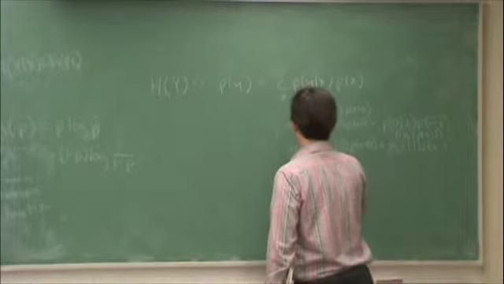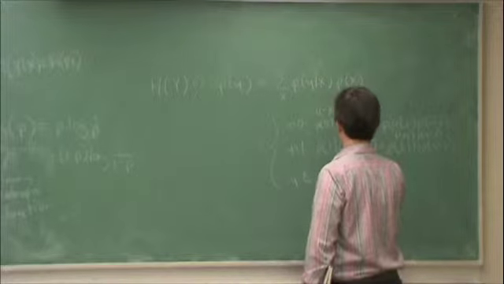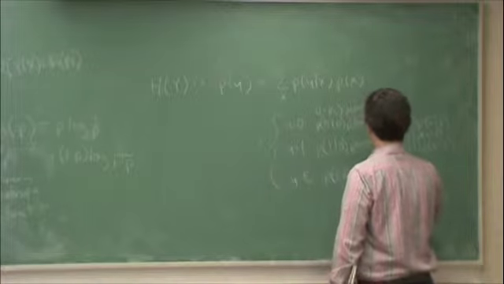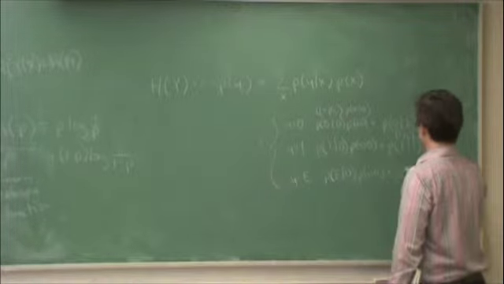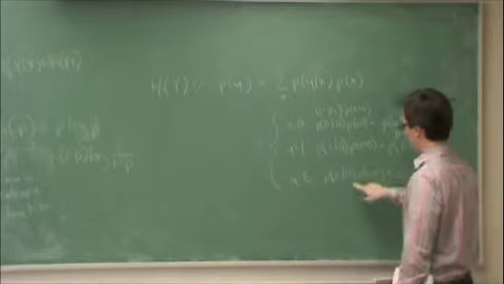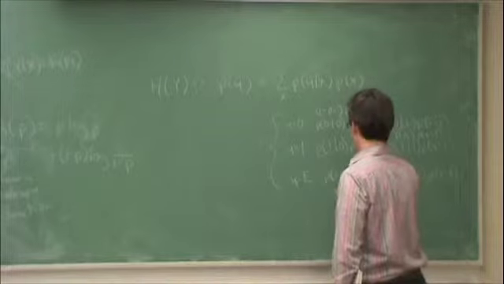And for y as e, I have probability of getting an e out given a 0 in times probability x equals 0, plus the probability of getting an e out given x equals 1 times probability x equals 1. But in both cases, these are the same. They're both PE. So this is equal to PE.